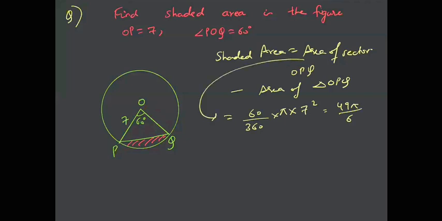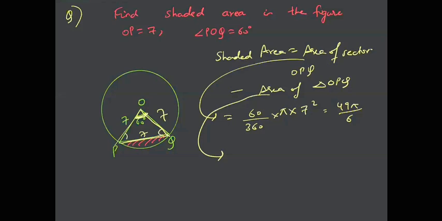And what is the area of triangle OPQ? If you observe, OP is 7, OQ is 7, and this angle is 60 degrees. So PQ will also be equal to 7. This would be an equilateral triangle.